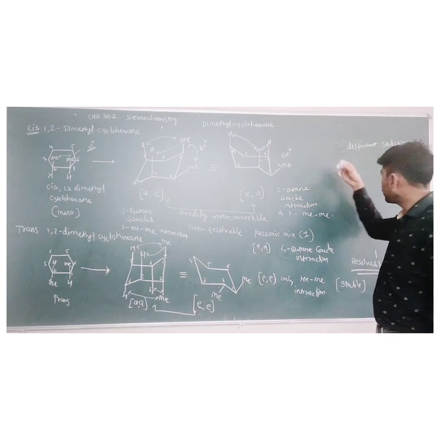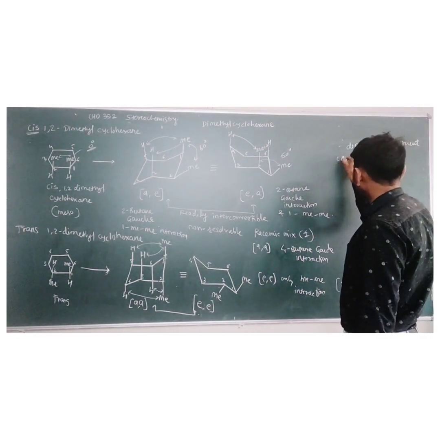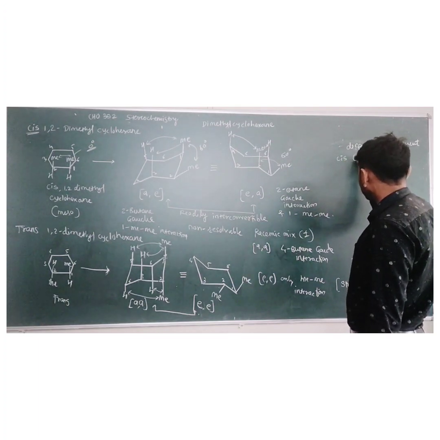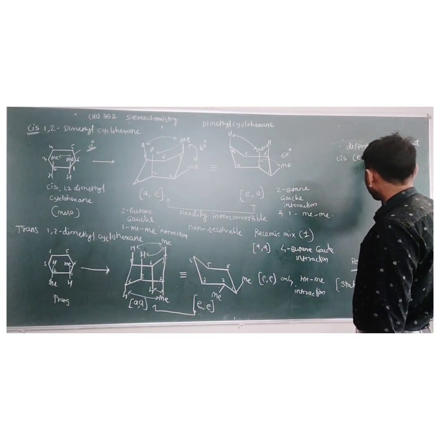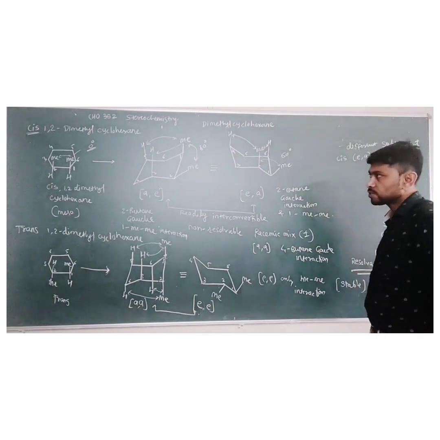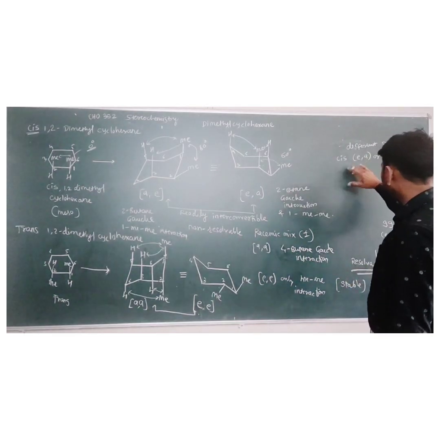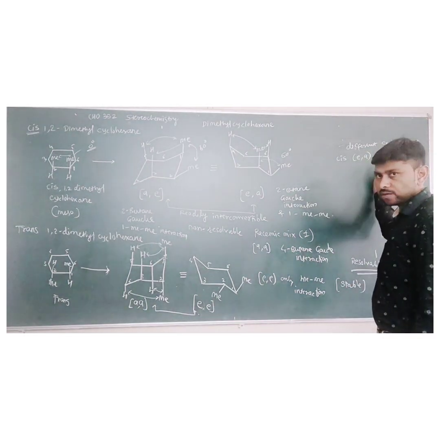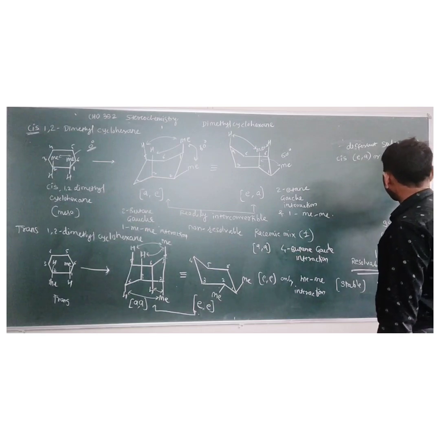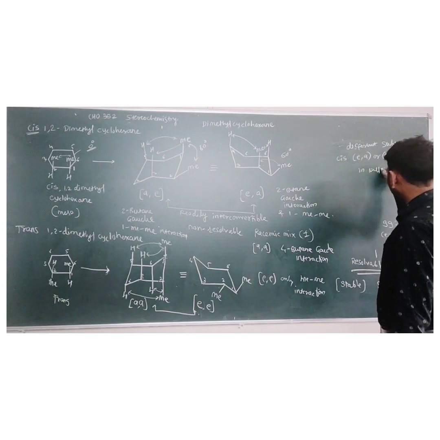If we use a different substituent, then the cis form is sometimes equatorial-axial or axial-equatorial. In the cis form, if you change both substituents, then equatorial-axial forms are obtained, and the more stable form is the one in which the bulkier substituent takes the equatorial position.